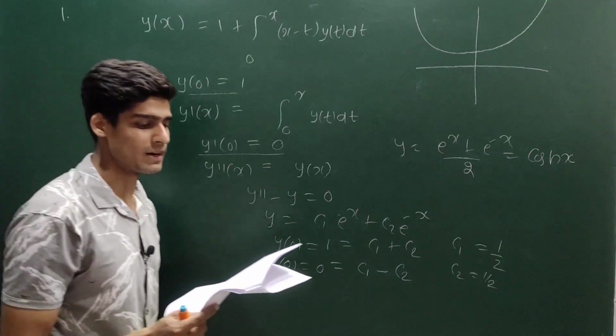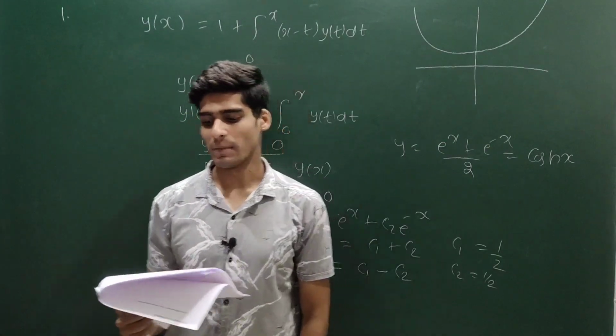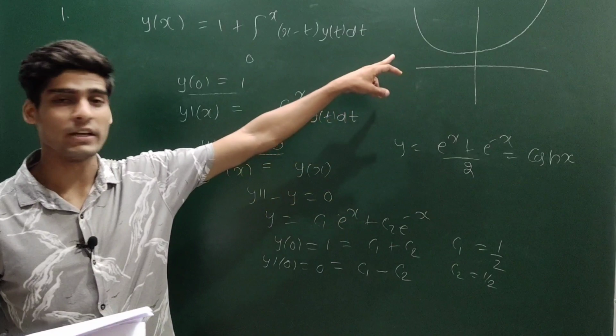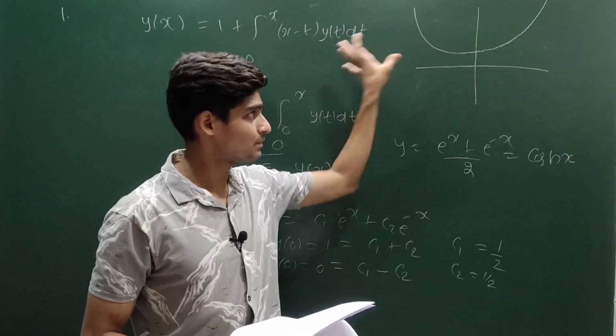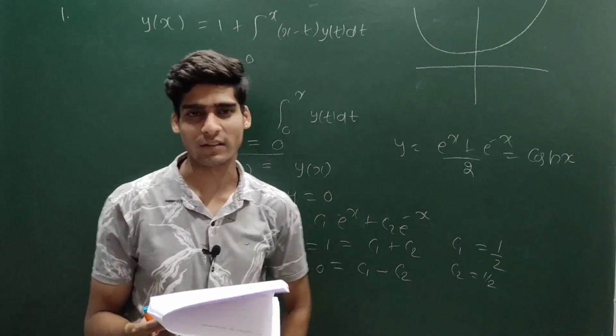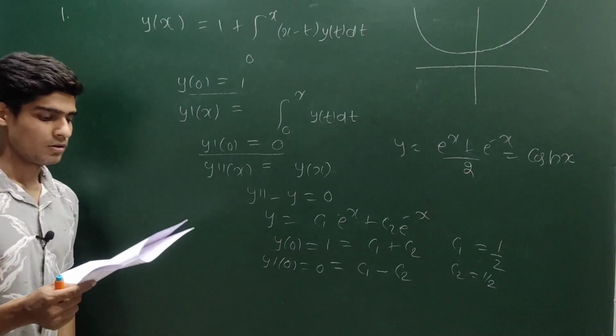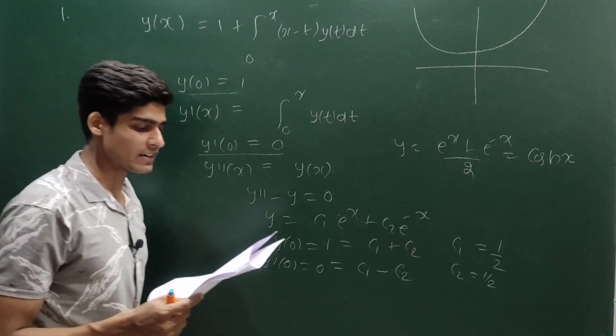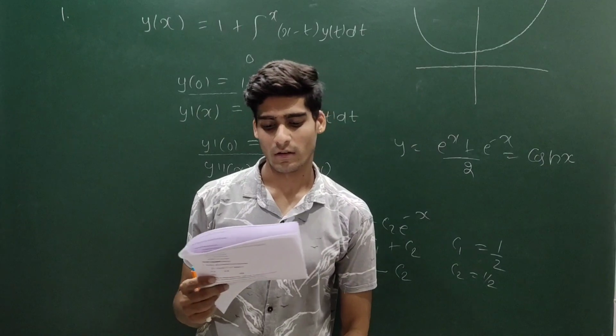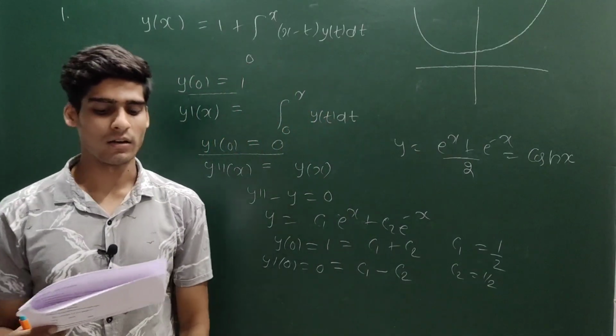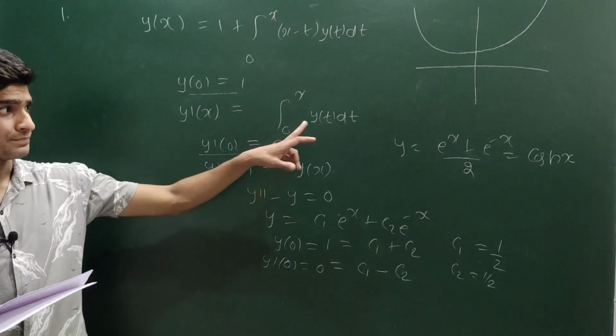Option A, y is bounded but not periodic, false. Option B, y is periodic, false. It is not periodic. You can see the graph is not repeating itself after a certain interval. Option C, the integral over R of y(x) dx is finite, that is, the integral over R of y(x) dx is convergent.